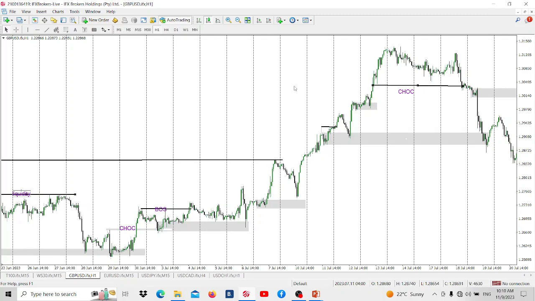Because initially, what should have happened was the market should have kept on moving upwards here to take out these buy stops, but it failed to take out the buy stops, right? This is a telltale sign that we might have changed character, that we might be in a downtrend.